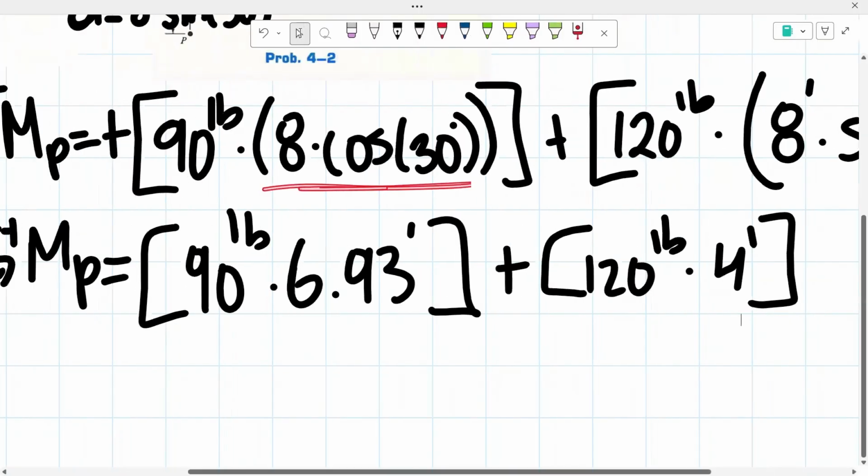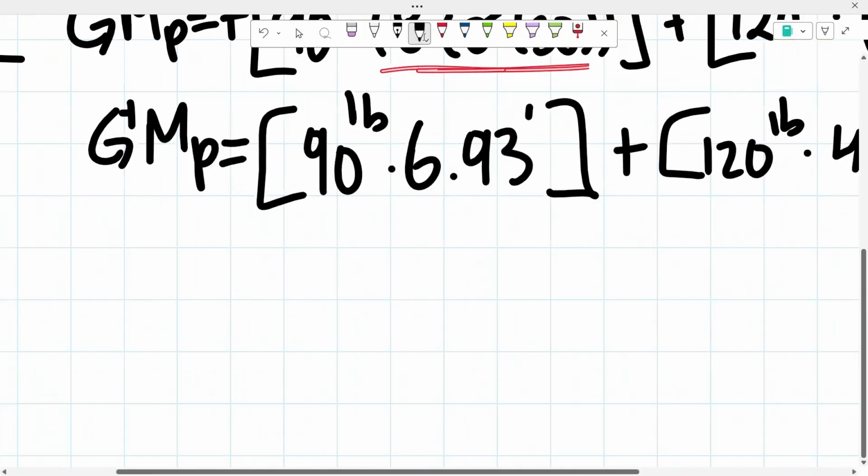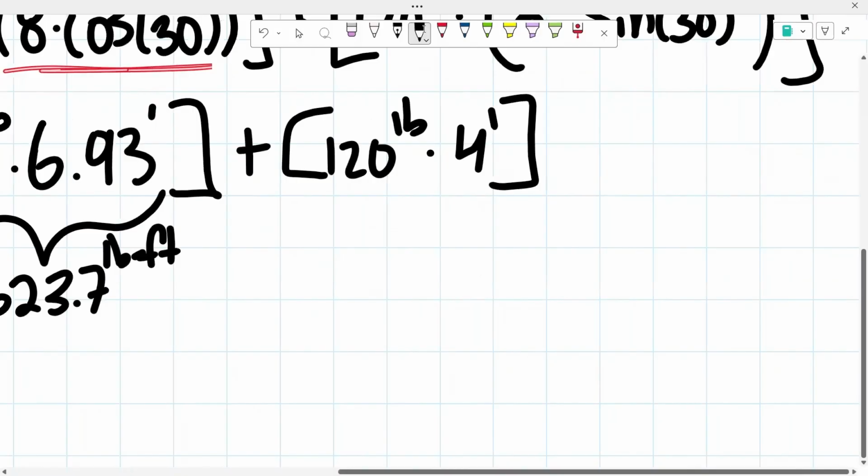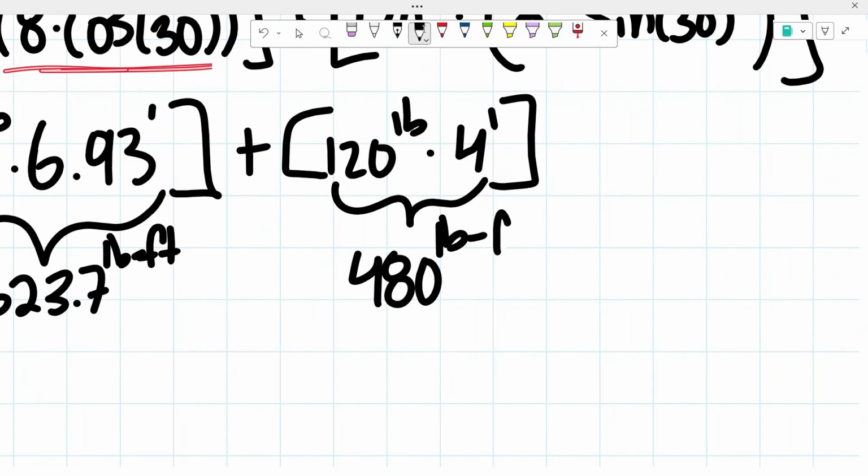So if we were to multiply that, that equals 623.7 pound feet. And the second term equals 480 pound feet.